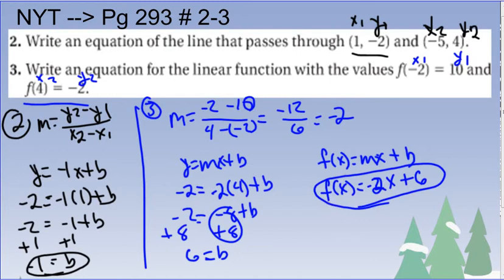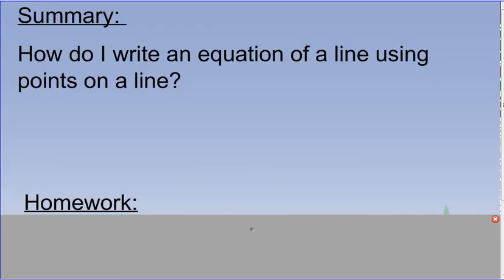So, summary. How do you write the equation of a line using points on that line? What did we do today? In almost every single problem, what did you need to find to write the equation of the line? Well, just like we had those 3 steps earlier, that's really what we're going to do.